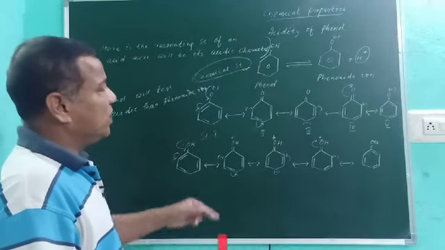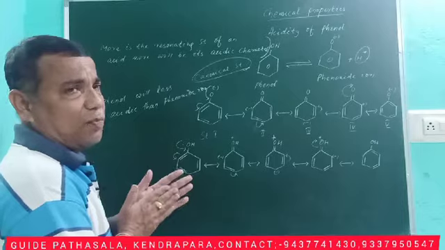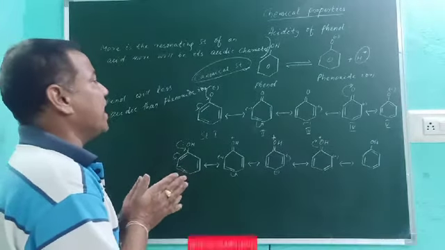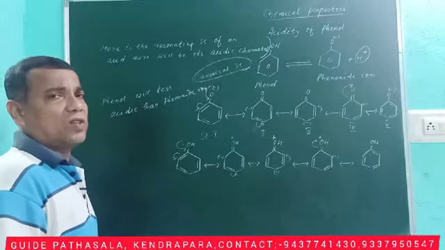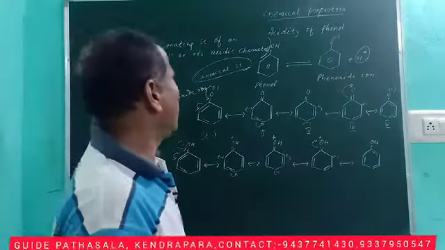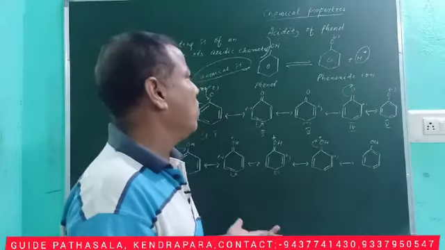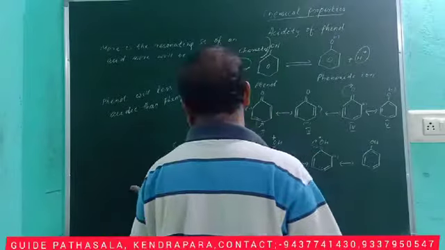It is easier after the removal of the H plus ion, when the phenoxide ion is formed from phenol. The phenoxide ion is more stabilized due to more number of resonating structures. As you know, the more the resonating structures of an acid, the more will be the acidic character of a compound. So phenoxide ion is more acidic than phenol.